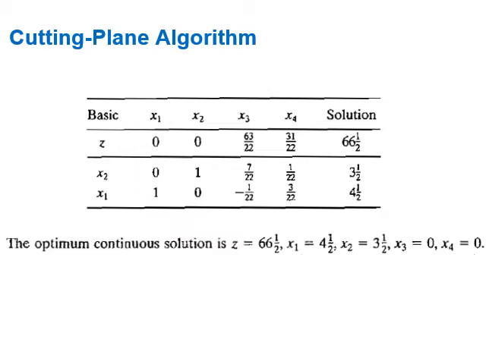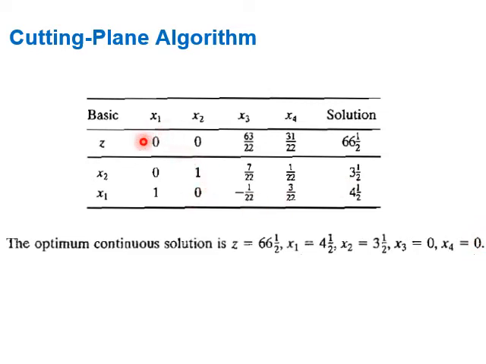So from each one of these rows now we can generate a cut, and the optimum solution to this one is this. Let's remember how we generate these cuts. What is the procedure? The procedure is easy. We represent each coefficient.